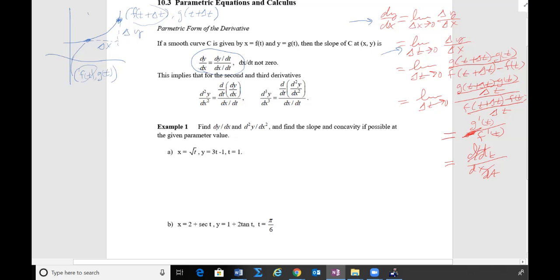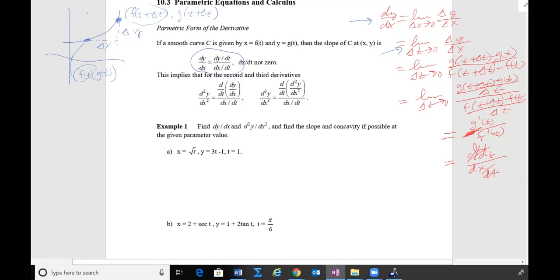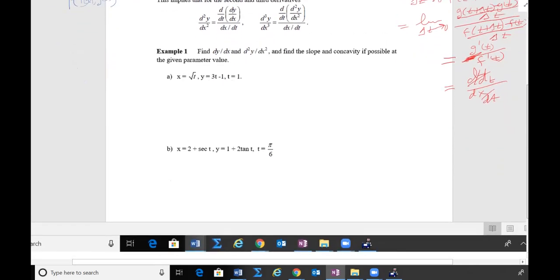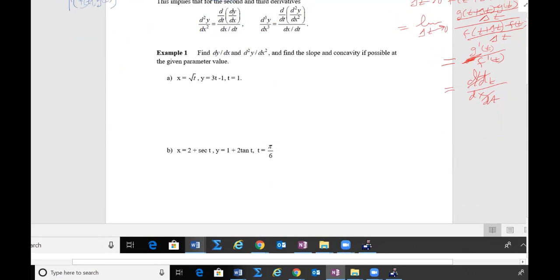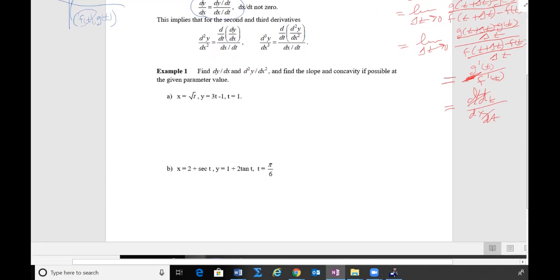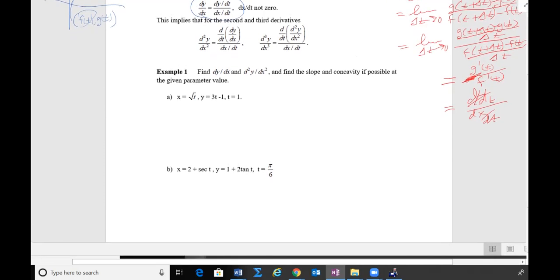Let's look at an example. Go right into this one. Okay, so we want dy dx first of all.